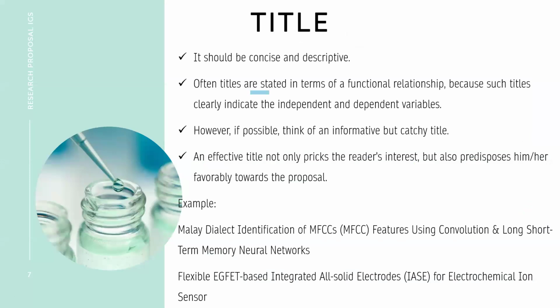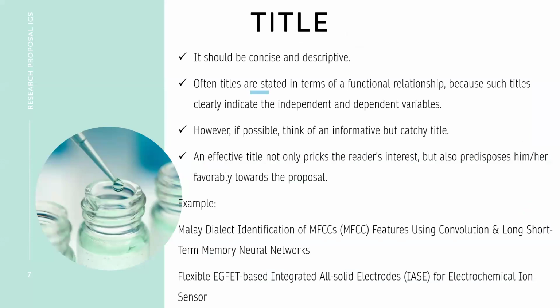The first one is the title. The title should be concise and descriptive. What does it mean by concise and descriptive? The title should have a functional relationship, such that the title clearly indicates the independent and dependent variables. So it should be informative, but also catchy.